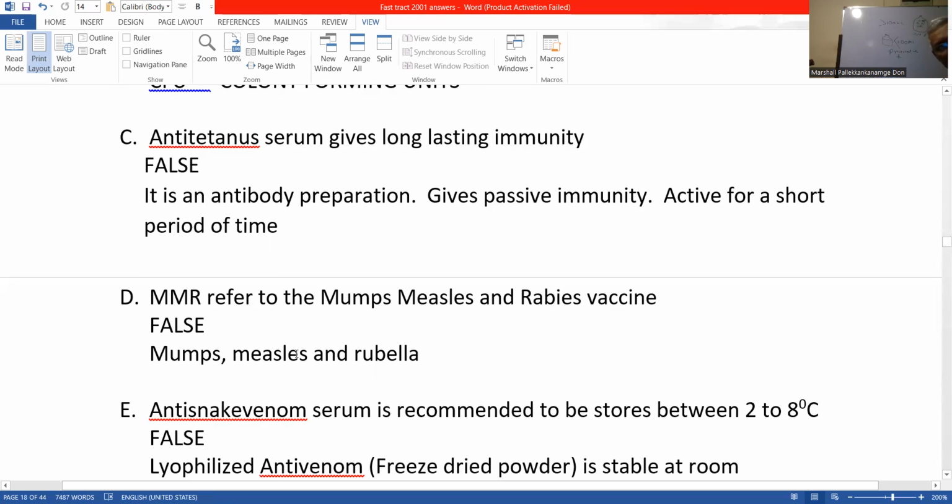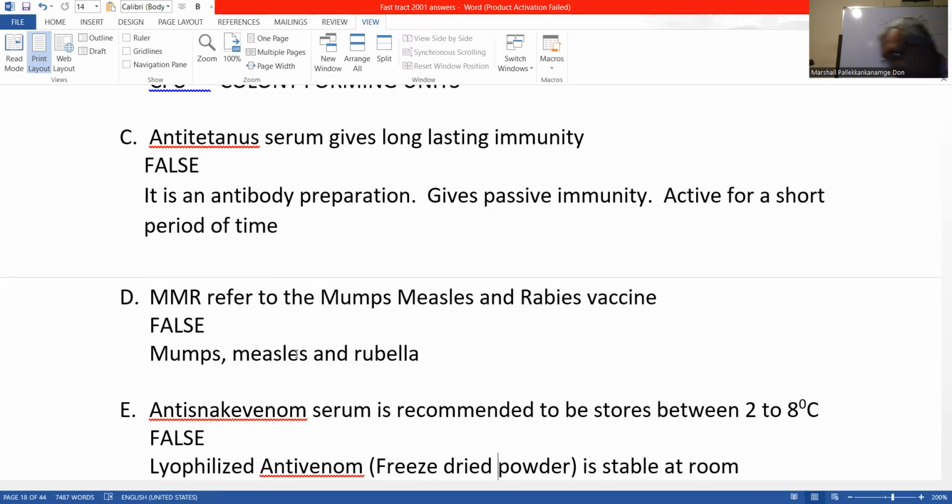Anti-tetanus serum gives long-lasting immunity. This is an anti-serum. For immunity, you can have active immunity or passive immunity.